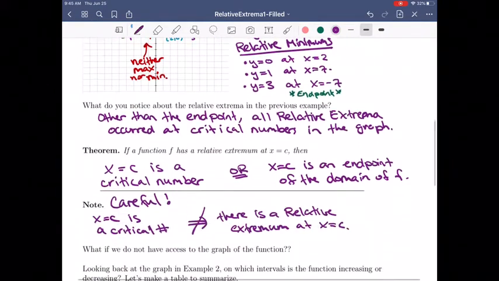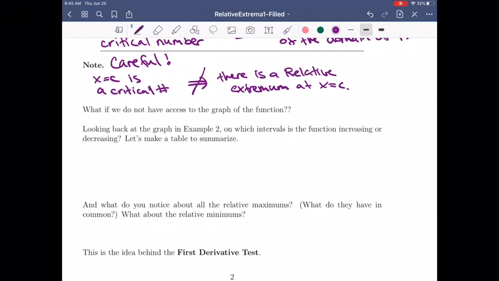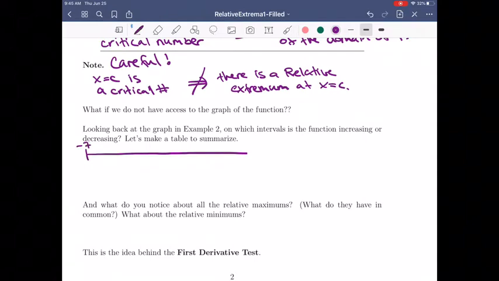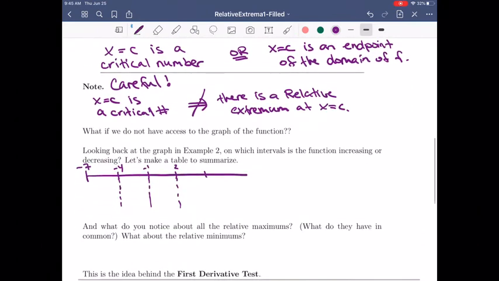So my number line would go from -7, I would split at -4, and then again at -1, at 2, at 5, and again at 7.